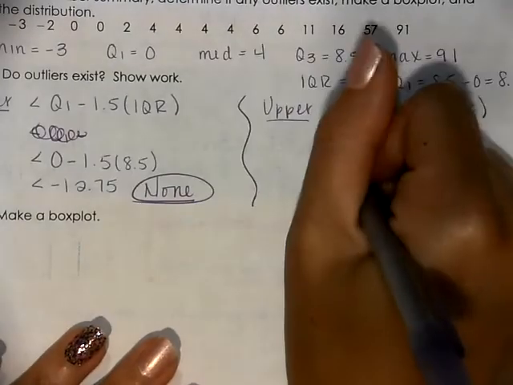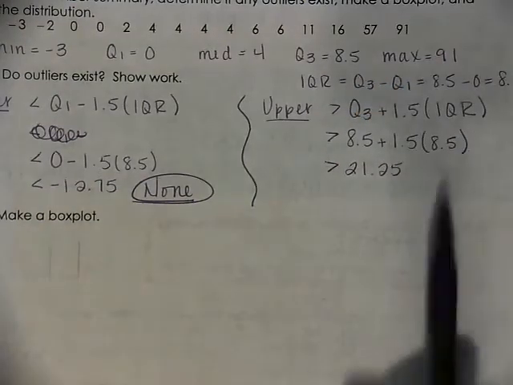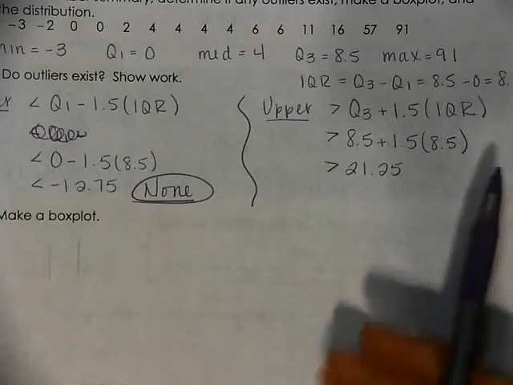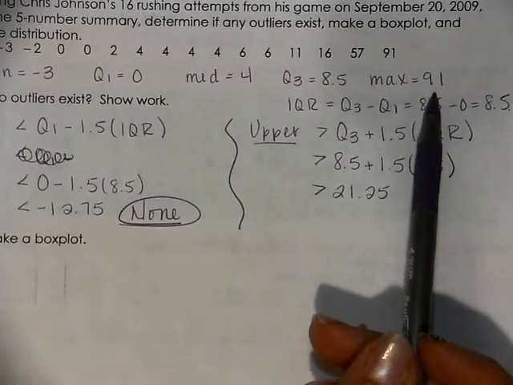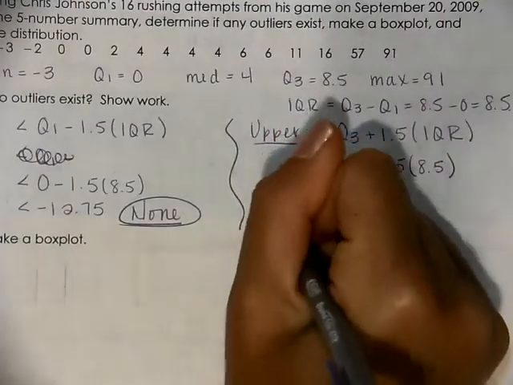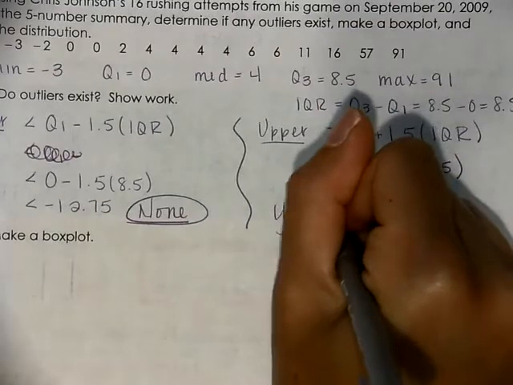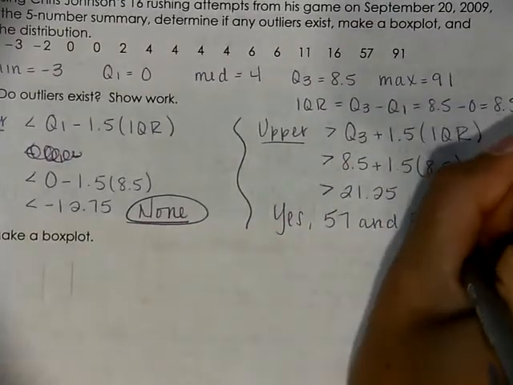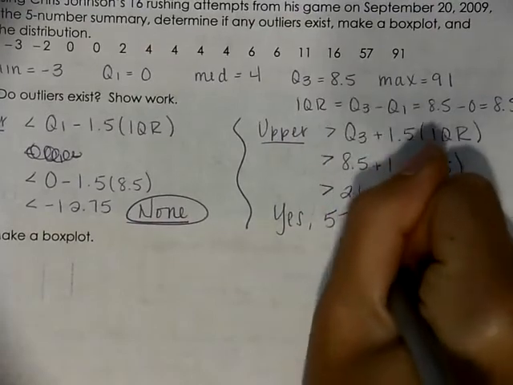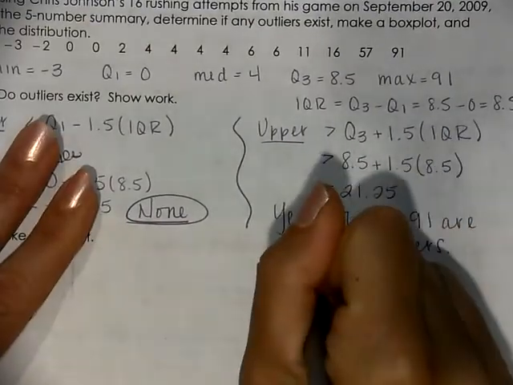And I get 21.25. So, are there any numbers greater than 21.25? Well, I notice my maximum is 91. So yes, there are outliers here. There's actually two, 57 and 91. Okay.